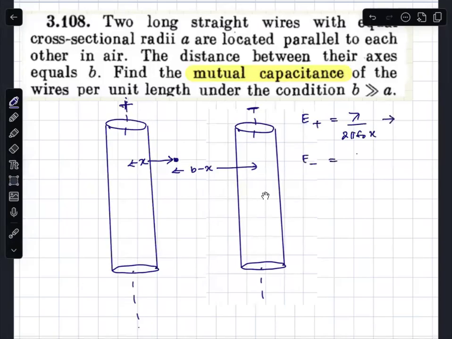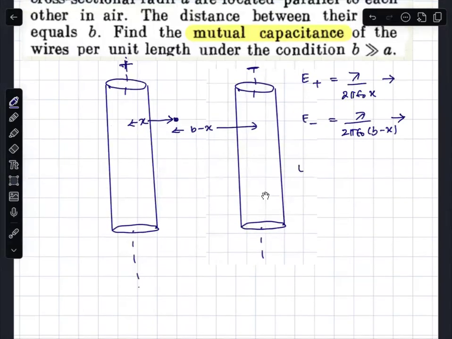E minus is lambda by 2 pi epsilon naught into (b minus x), also rightwards. Why rightwards? Because of the negative charge. So what is E net? E net is E plus plus E minus, which is lambda by 2 pi epsilon naught into (1 by x plus 1 by (b minus x)).